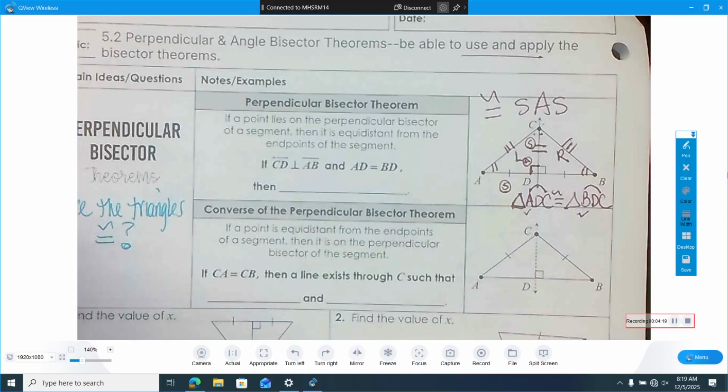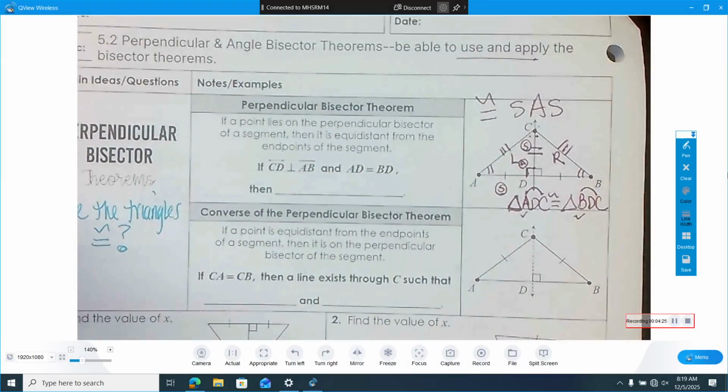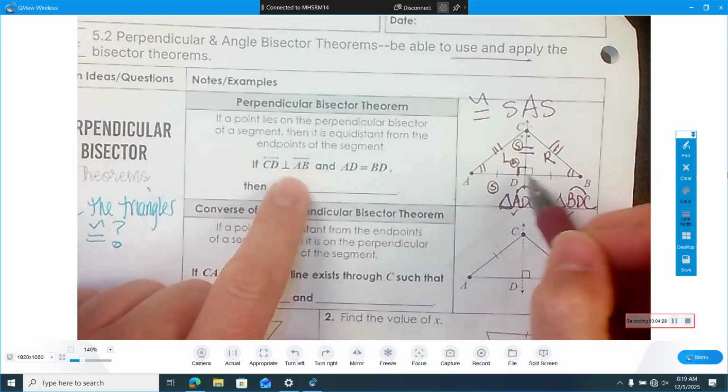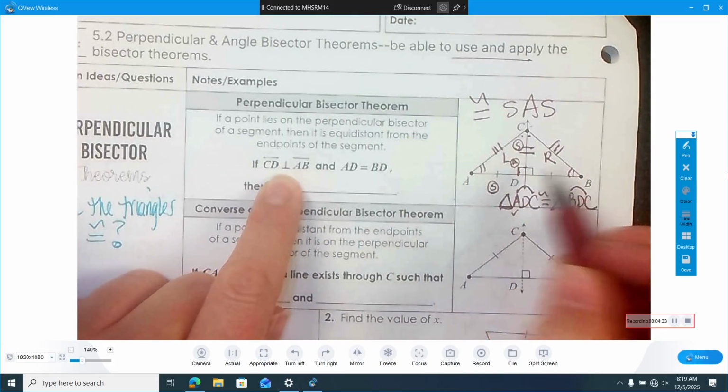And that's what this perpendicular bisector theorem says. It says that if we have perpendicular lines, that gives us right angles, right?